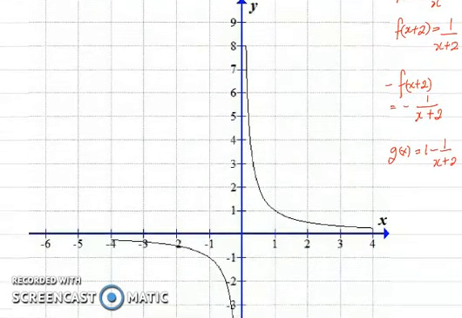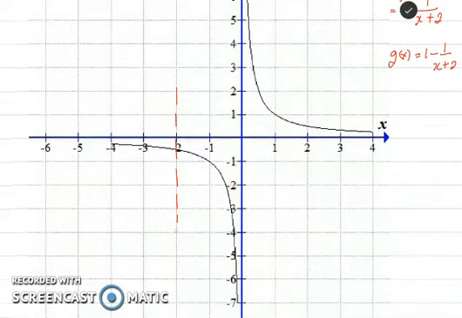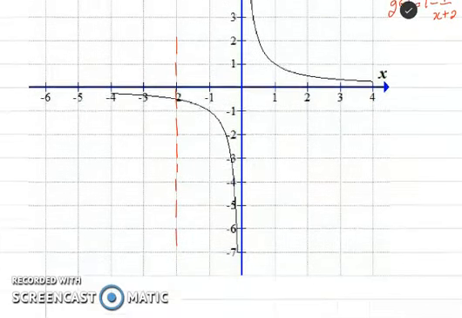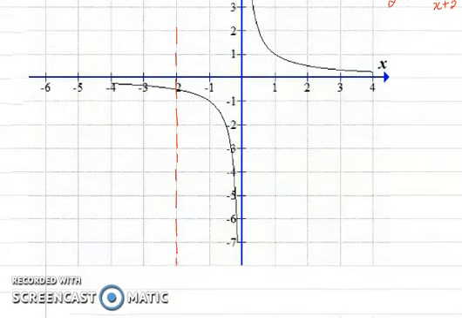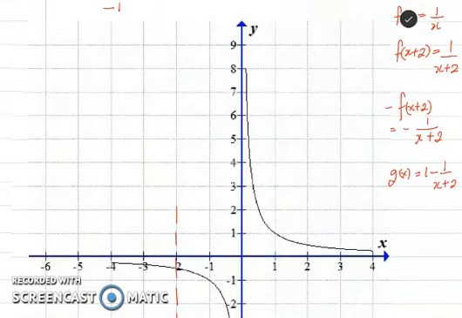The first thing we'd have to do is to move 2 units to the left. If I move 2 units to the left, my new vertical asymptote is going to become the line x is equal to minus 2. First, the vertical asymptote was the y-axis, which is the line x is equal to 0. Now the new vertical asymptote, because I moved the entire graph of y is equal to 1 over x, 2 units to the left.